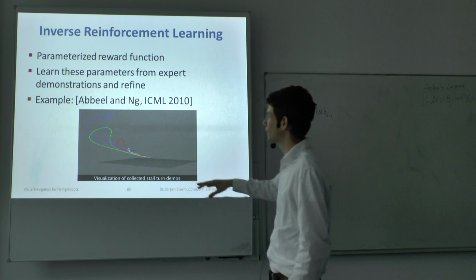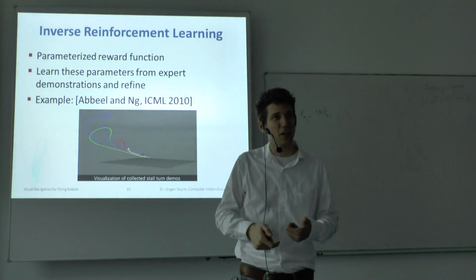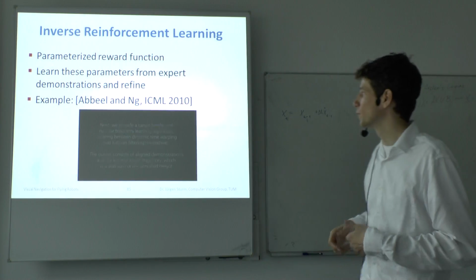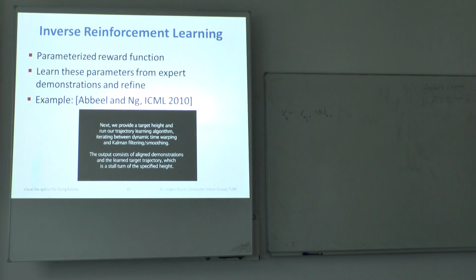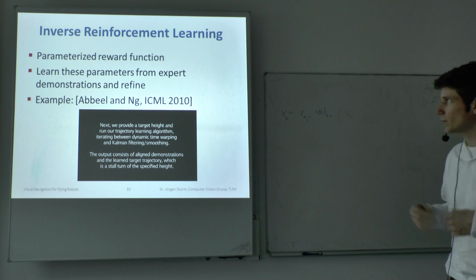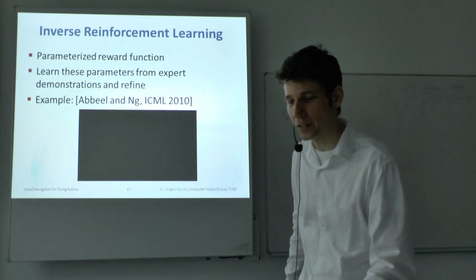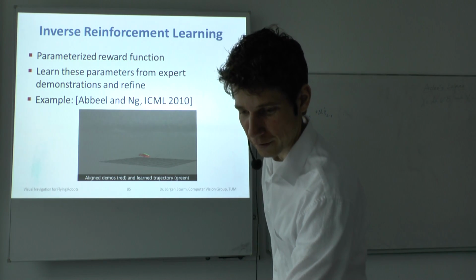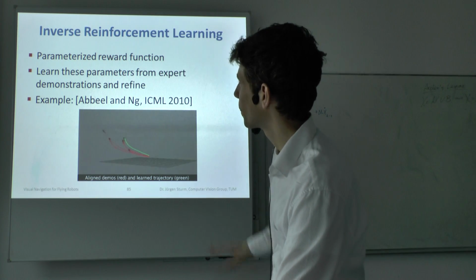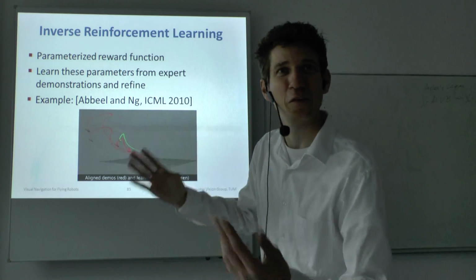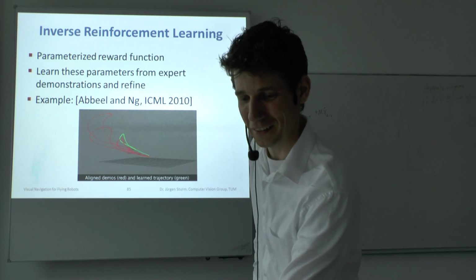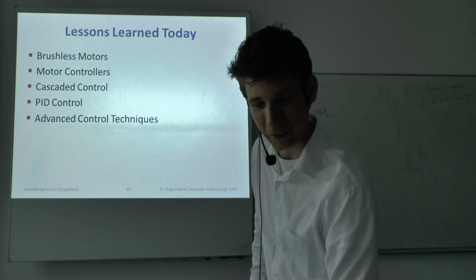The idea here is, again, that you have an expert that flies maybe a flip with a helicopter or a quadrocopter. And then you use, again, simulation to fine-tune your parameters, and then at the end you fine-tune them on the real thing. But this is just to stimulate you. So if you're looking at some point for a master thesis project, things like that are really interesting.